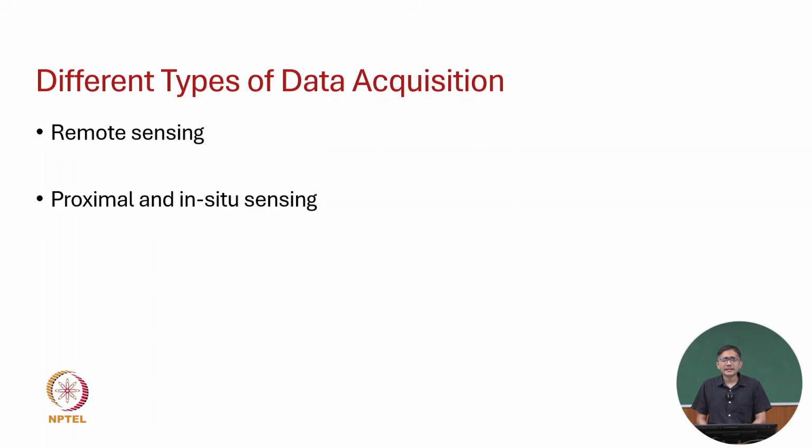However, we have to understand that Earth observation not necessarily just involves remote sensing. Proximal and in situ sensing are also part of Earth observation. They often complement remotely sensed data, and at some points, at least in this course, we will talk about fusion of remotely sensed data and other sensors.